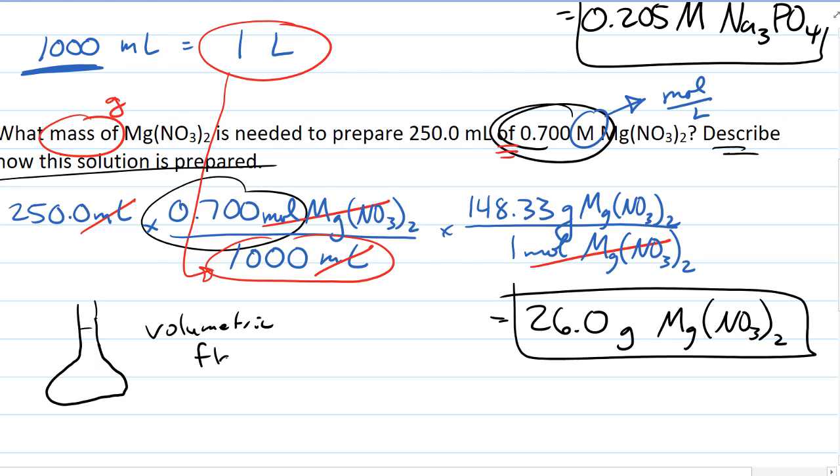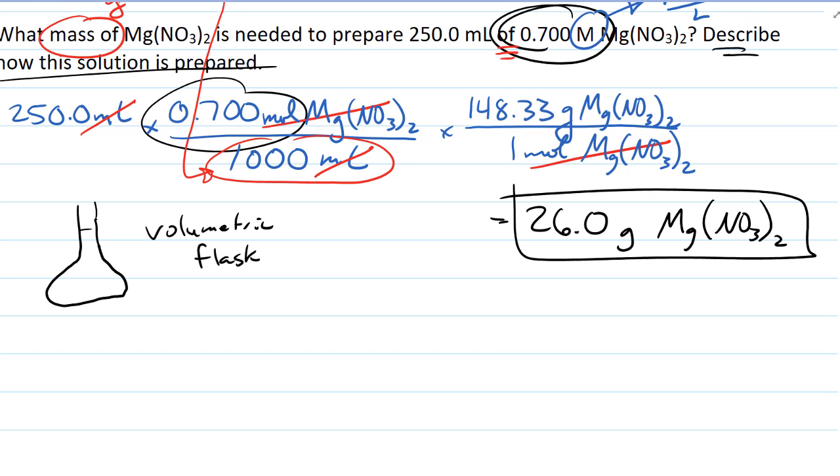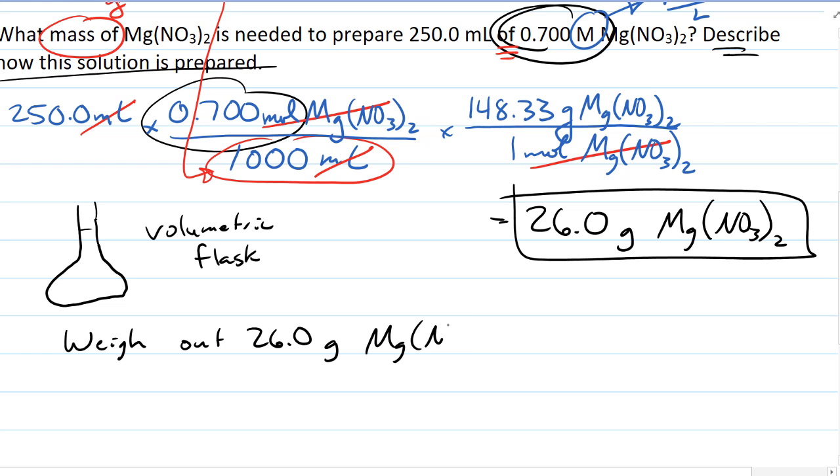And here's what we're going to do now. If I set you in the lab, what stuff are you going to measure out? The magnesium nitrate. How much magnesium nitrate? 26.0 grams. All right, so what we're going to do is we're going to weigh out 26.0 grams of the magnesium nitrate and then place it into what? Flask.